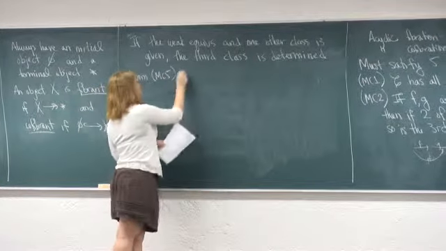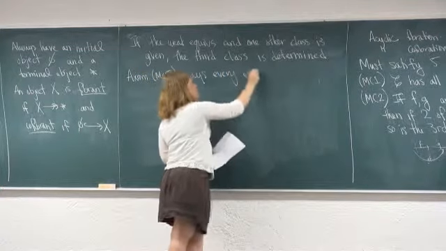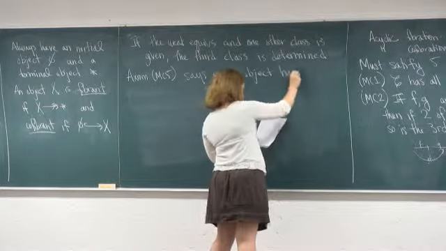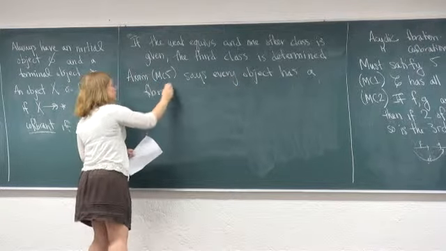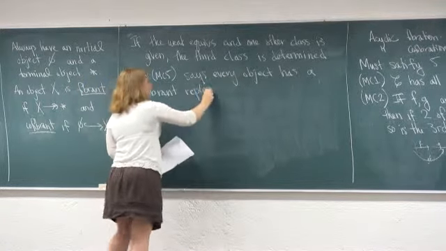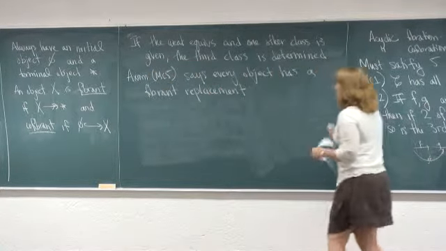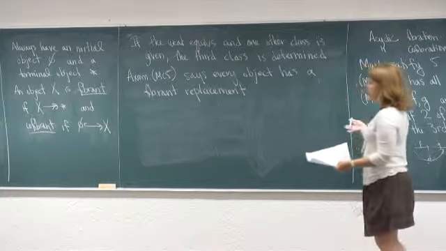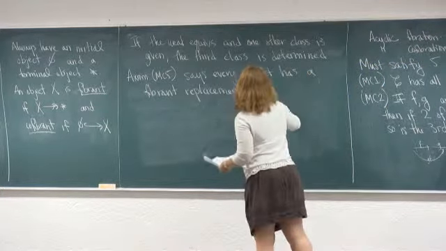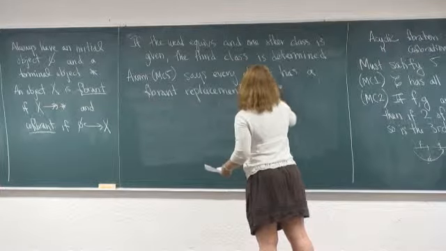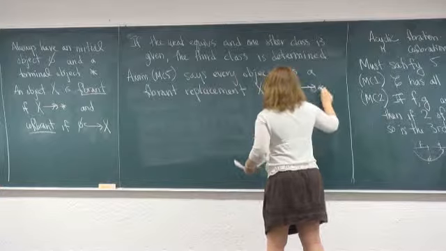So axiom MC5 says every object has... well, how would I do that? Well, every object is going to have a unique map to the terminal object. Now let me factor it as an acyclic cofibration followed by a fibration.